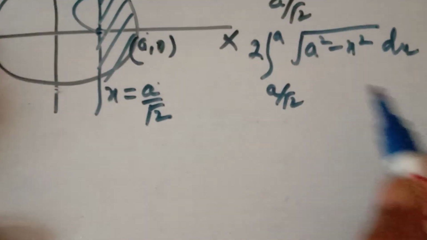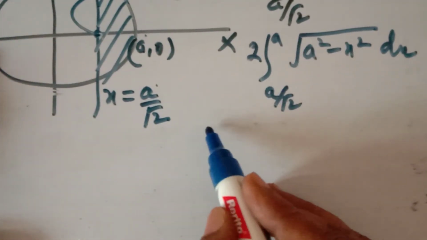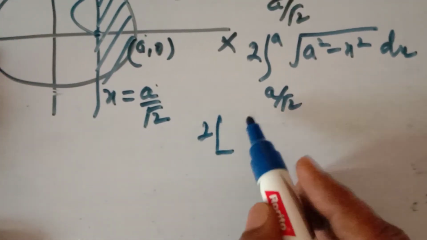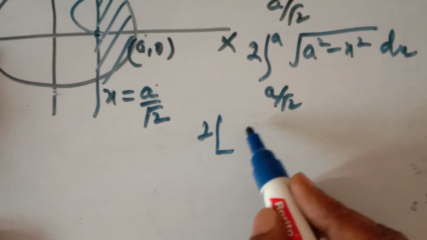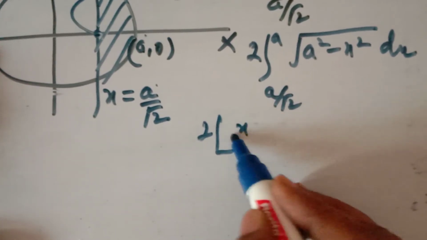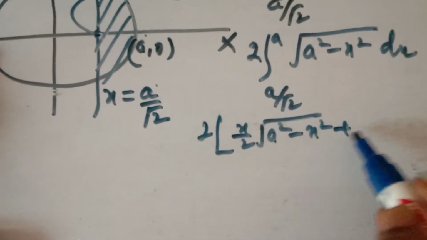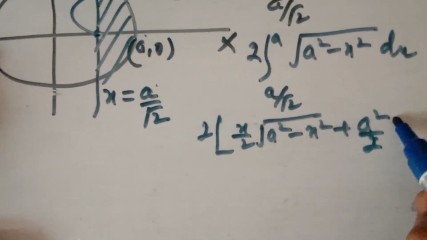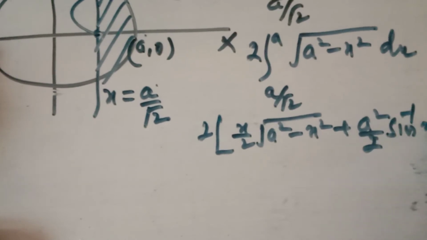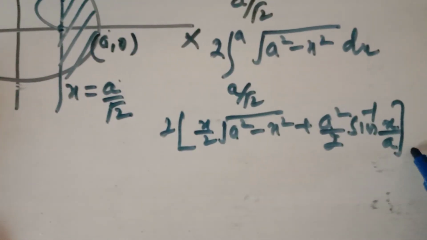So again it is a special integral, which is twice: x by 2 under root a square minus x square plus a square upon 2 sine inverse x upon a, and the limit is again a upon root 2 to a.